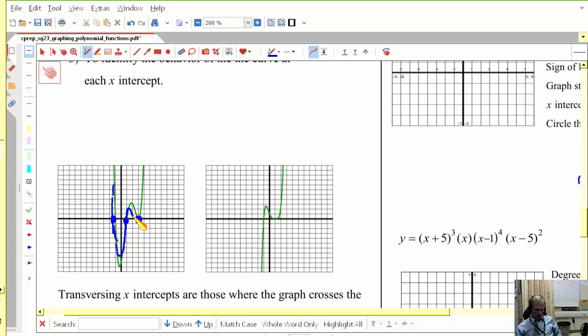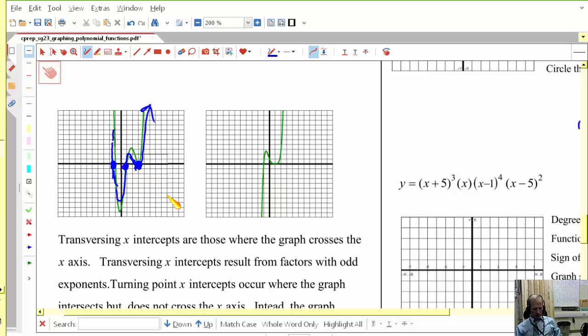In the third point, instead of going straight through to the other side, it does a total U-turn and continues straight up. So the first two points come from factors that have odd exponents, and the third point comes from a factor that has an even exponent.